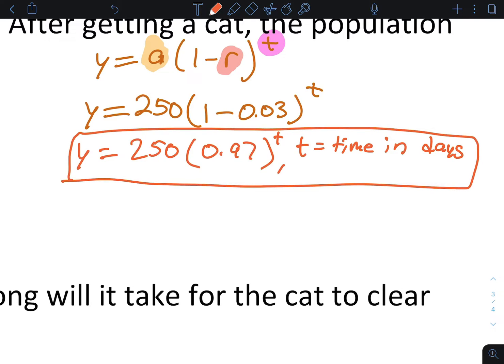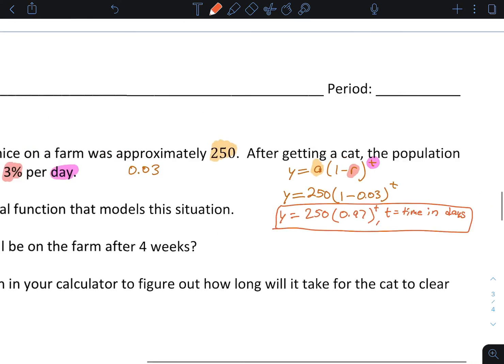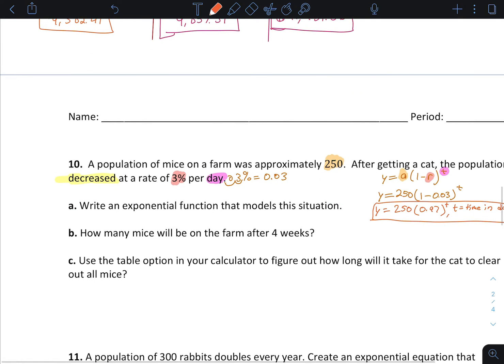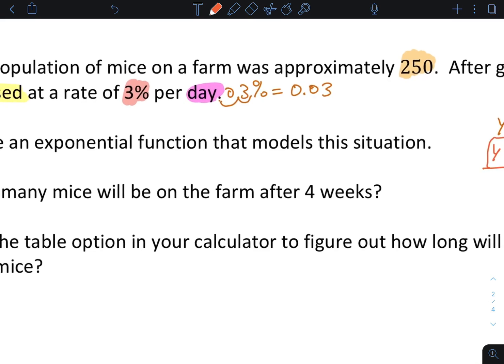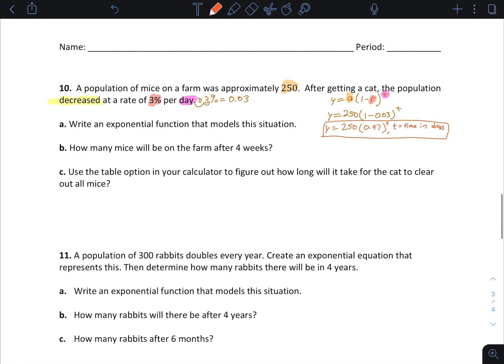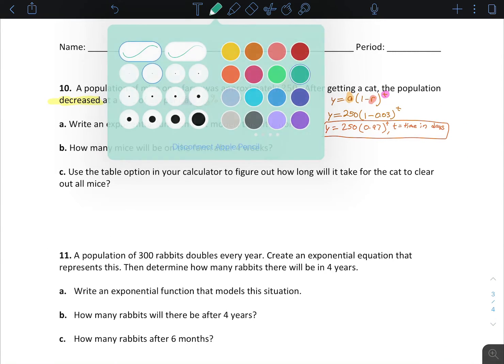The reason why this is important, because let's look at part B. How many mice will be on the farm after 4 weeks? So do not do this. Do not plug in 4 in for your t, because that t is representing time in days, but they give us time in weeks.